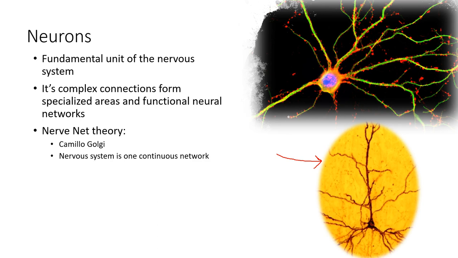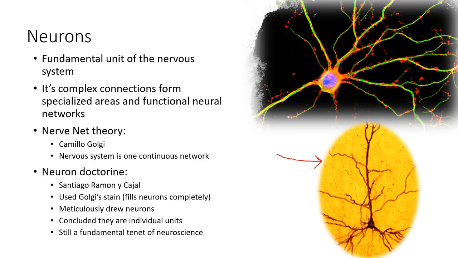Based on his observations under the microscope, he believed that the nervous system was one continuous network, like one big net of information that got activated in coordination to control different functions, which he called the nerve net theory.